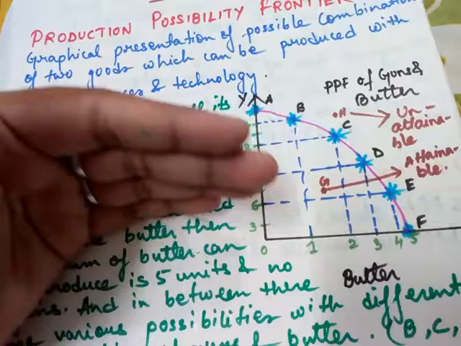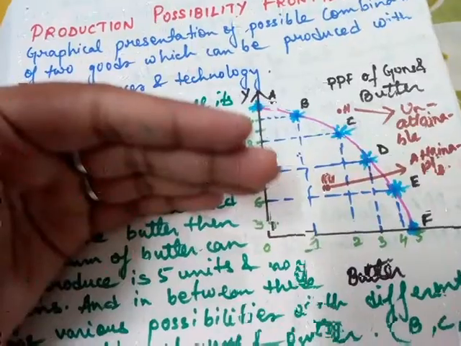Same when you reduce the gun production from 18 to 12, you are producing 1 extra unit of butter, which is 3. So this way, by reducing gun, you are increasing the production of butter, and the resources are fully and efficiently utilized.